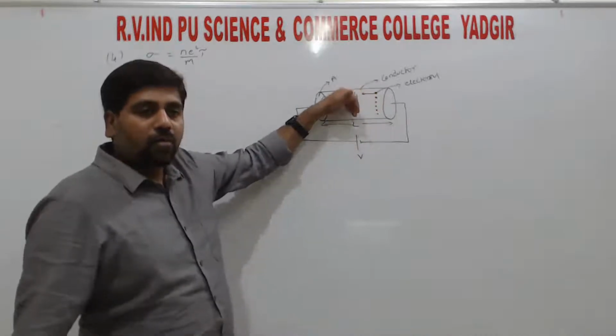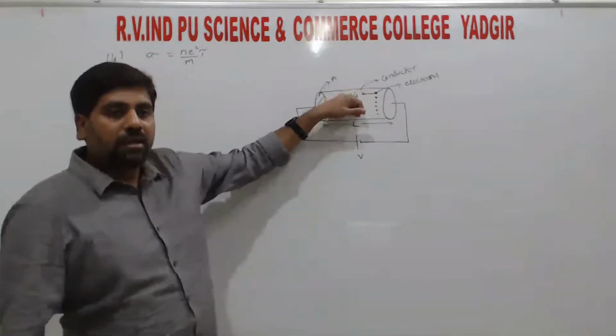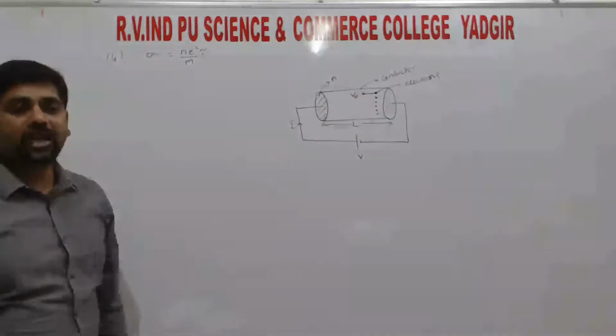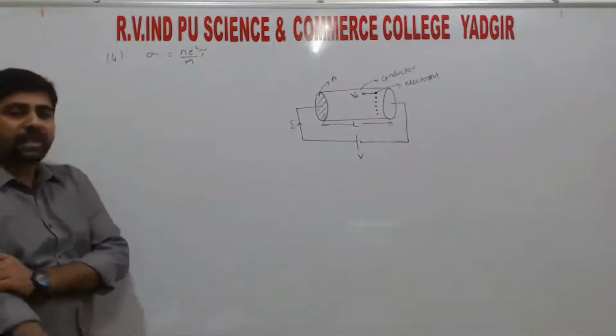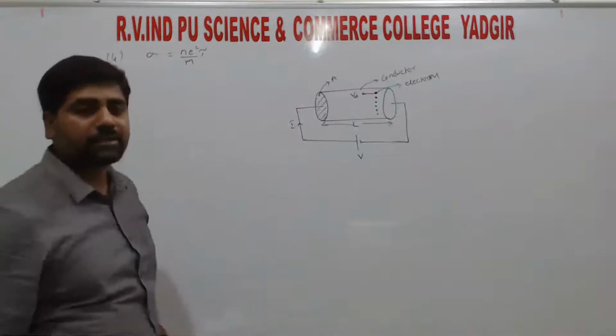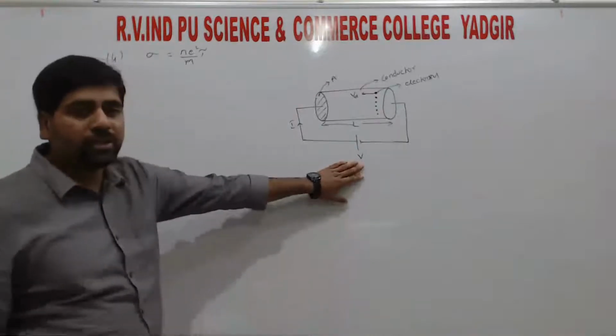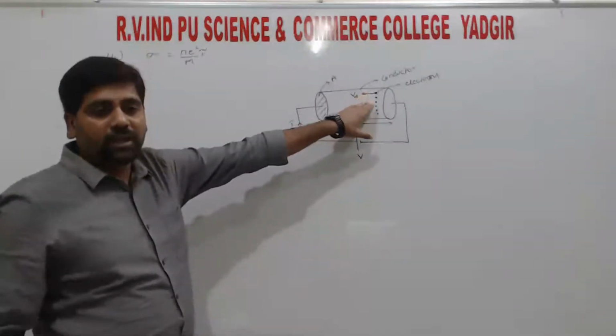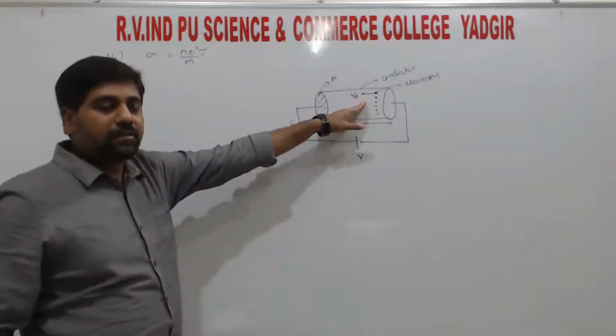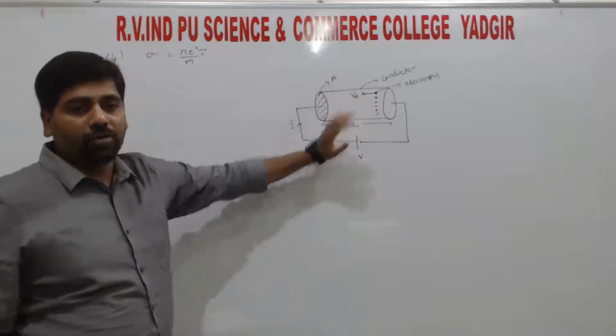So the electrons start to move, that means they gain acceleration. Initially the electrons are at rest. When we connect it to the external potential, the electrons get accelerated, that means they change their velocity from 0 to some velocity. So that velocity is the drift velocity, right?